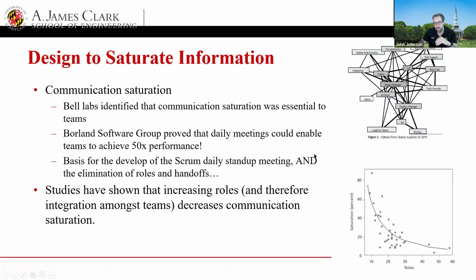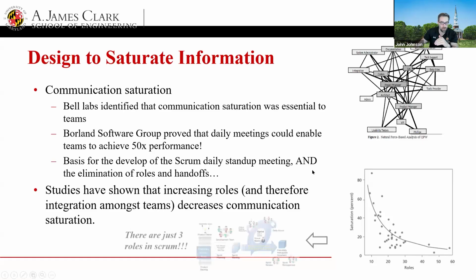That is a measure of what we call communication saturation. And the way to improve communication saturation is to reduce the number of roles on the team.